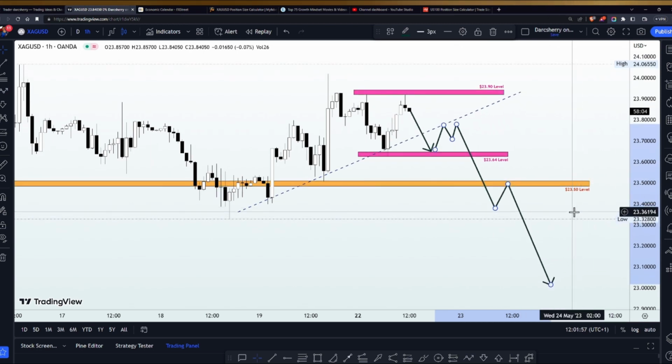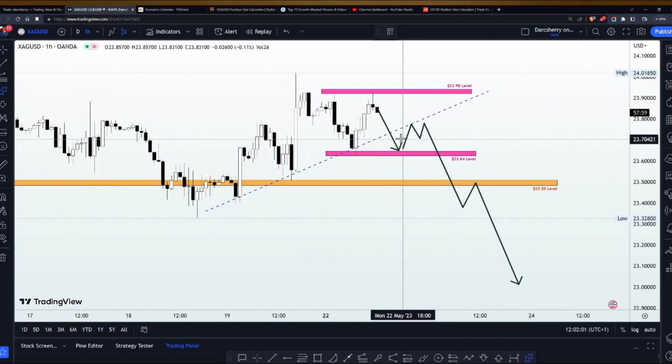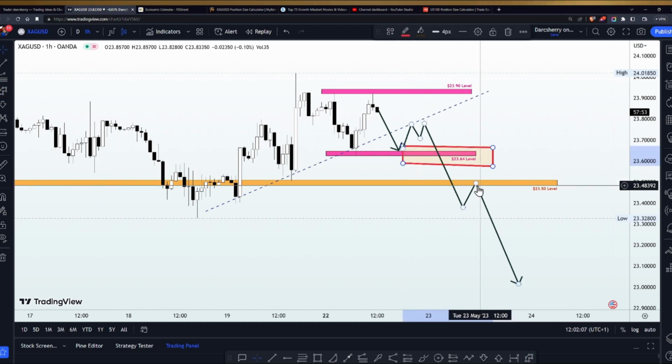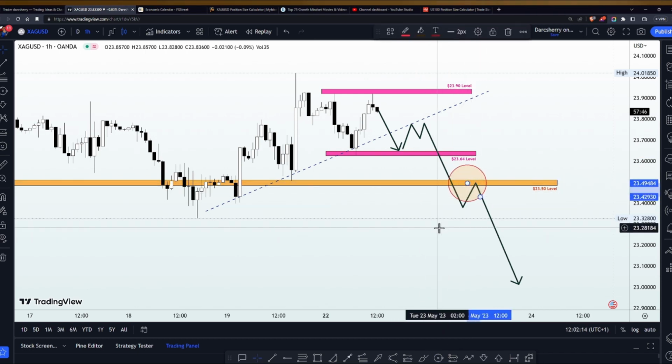Now, there is one caveat to the sell expectation here. If price action breaks down the $23.64 level and continues to the downside, as soon as price action gets into our key level at the $23.50 level, we want to be moving all our stop losses on all existing sell positions to lock in and secure the current sell position, as it now depends on how price action reacts to that $23.50 level.